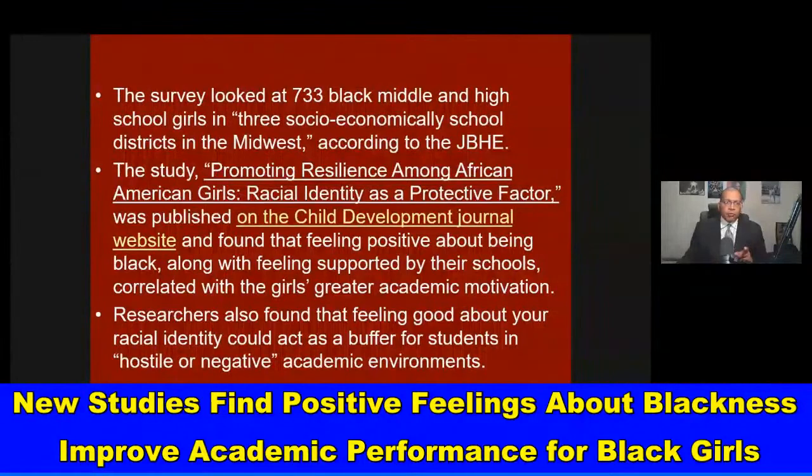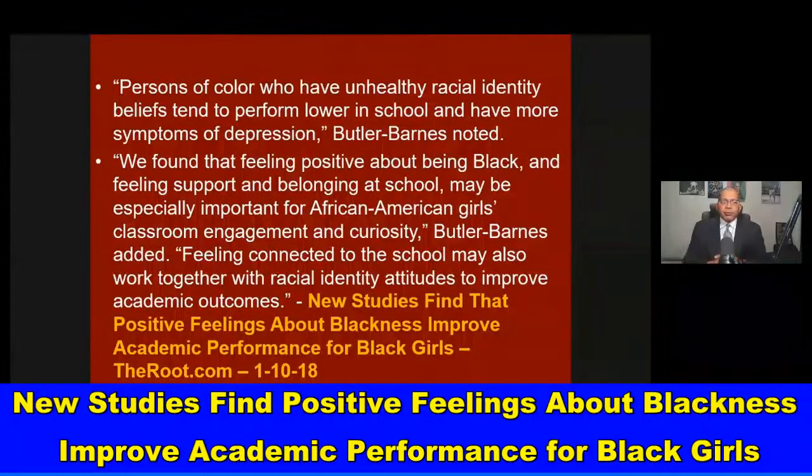Researchers also found that feeling good about your racial identity could act as a buffer for students in hostile or negative academic environments. "Persons of color who have unhealthy racial identity beliefs tend to perform lower in school and have more symptoms of depression," end quote, Professor Sharita Butler Barnes noted.